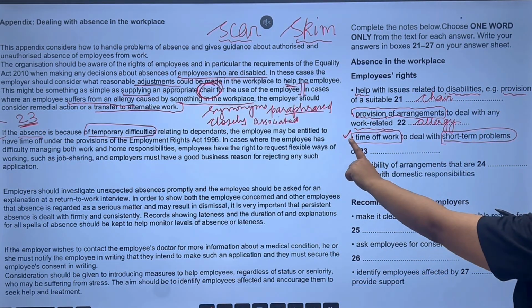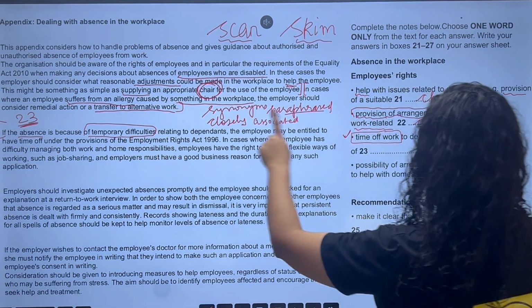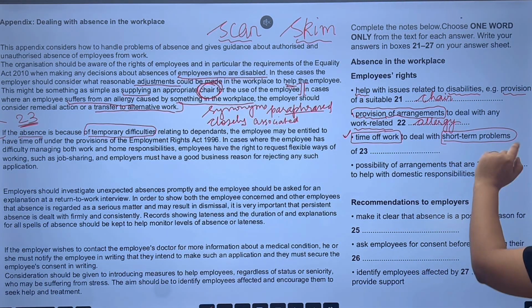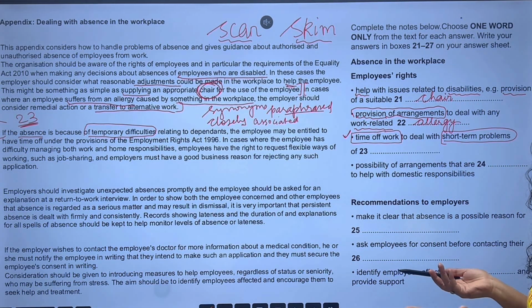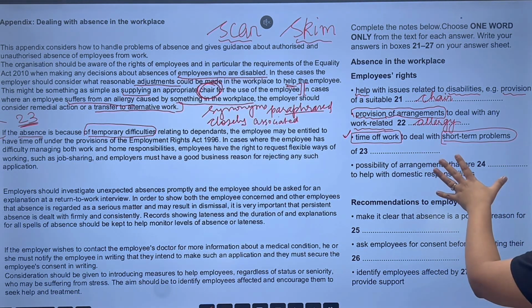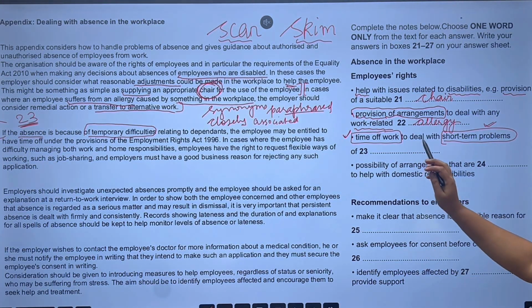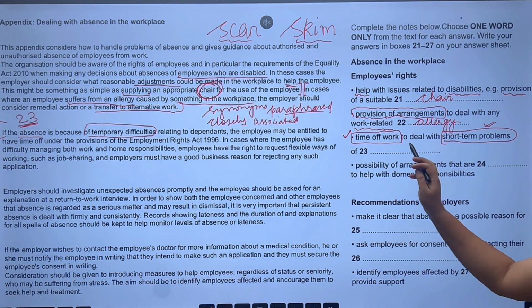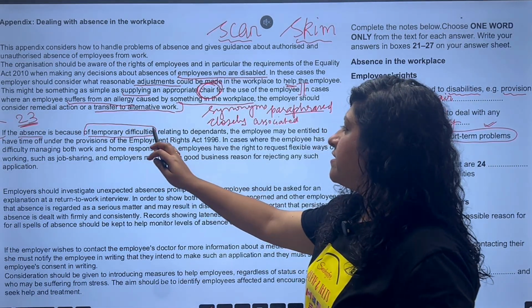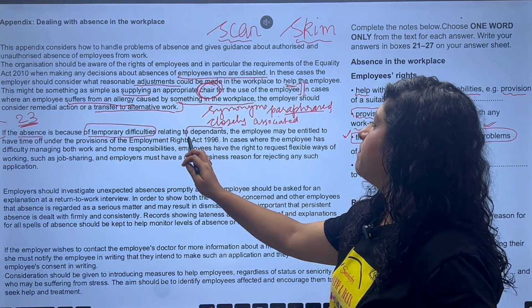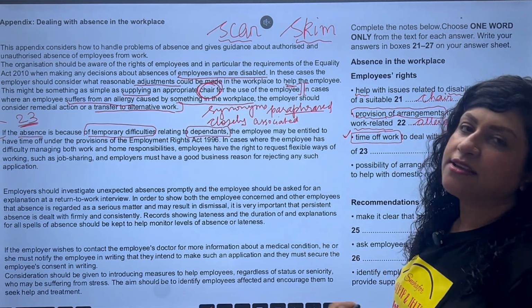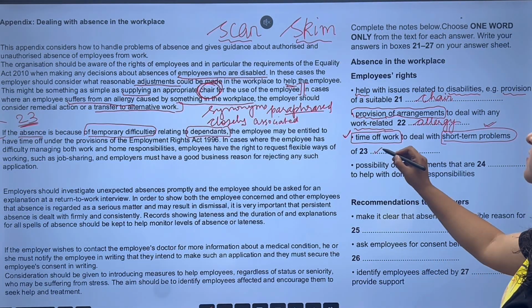Closely associated words, temporary difficulties, short-term problems, synonyms, closely associated words. So I have my keywords. So what are these problems related to? That I have to answer. Time off work, to deal with short-term problems of. So these difficulties are related to dependence. That would be my answer.